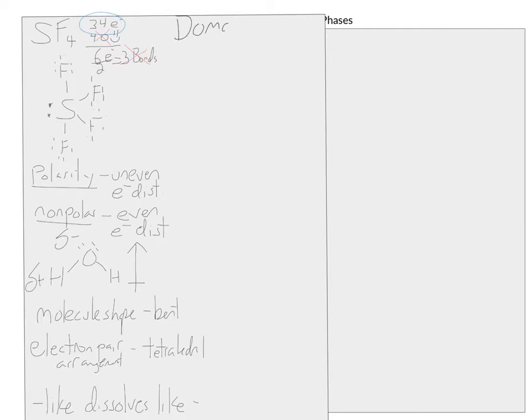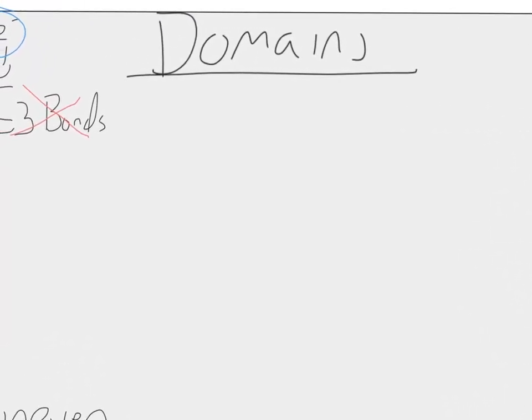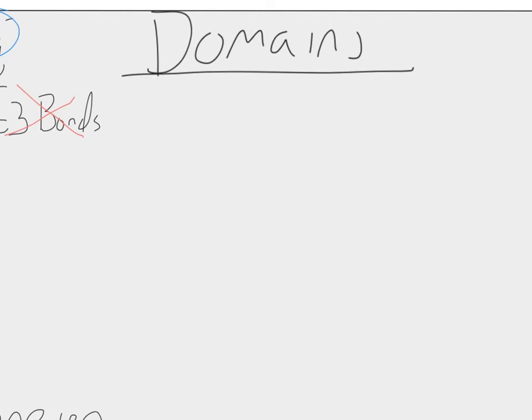So how many domains are there? How many total electron regions are there around the different molecules? What are all the possibilities? Well, one possibility is to have two domains. And the shape we're going to get out of that is a linear shape. We can get that with something like beryllium, where it's so small that it's kind of in the middle.